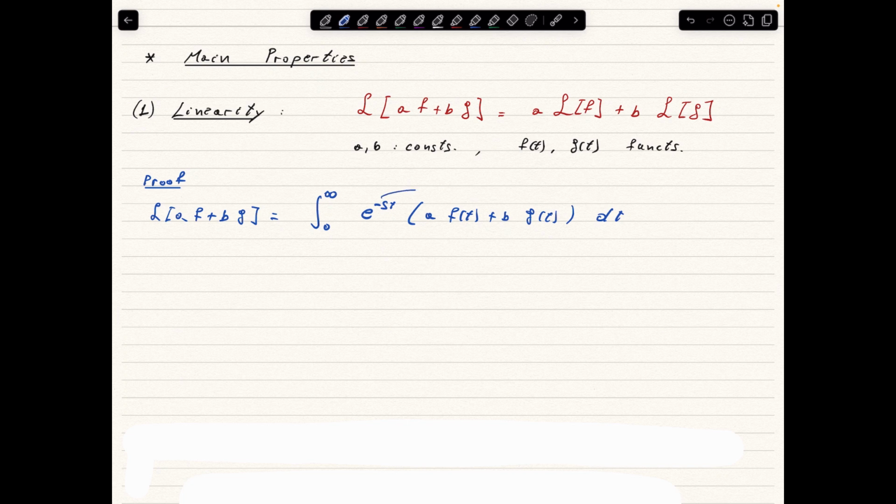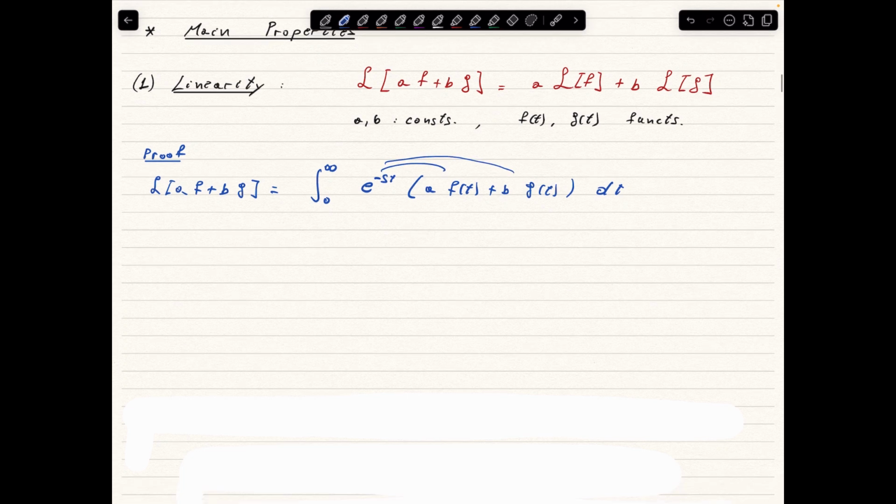So now we can multiply the exponential on both terms, and because a and b are constants, we can move them outside. So a times the integral from 0 to infinity of exponential negative st f of t dt, and then plus b, the integral from 0 to infinity of exponential negative st, now multiplied only by g of t dt, and this is nothing more than a, the Laplace transform of f, plus b, the Laplace transform of g.